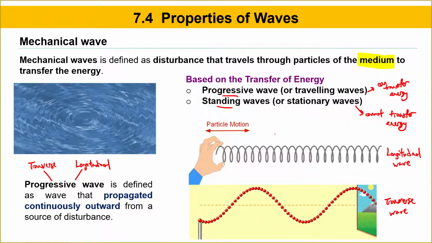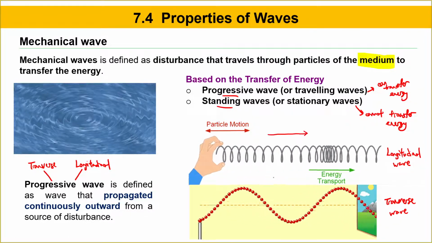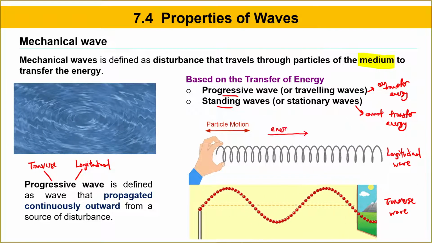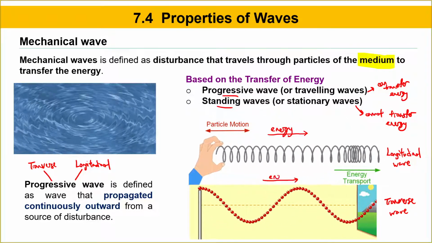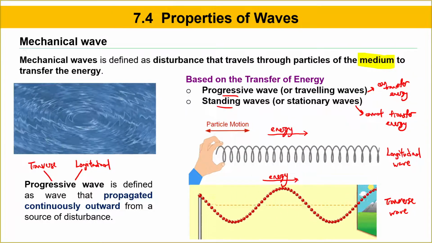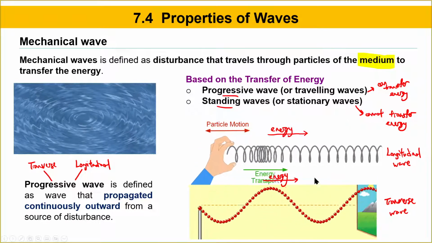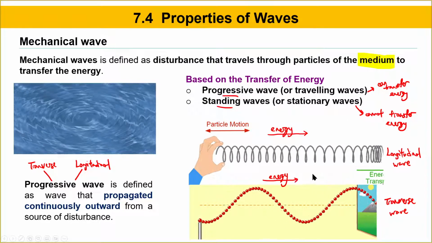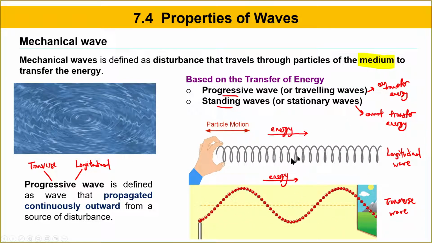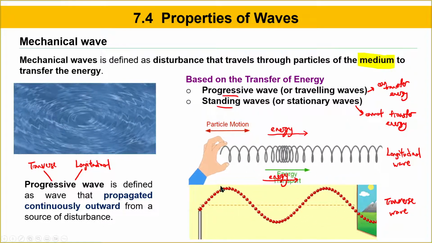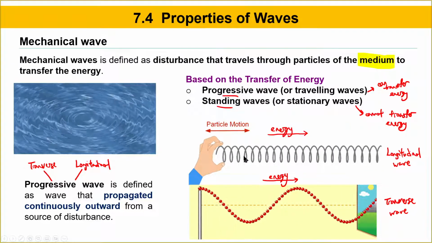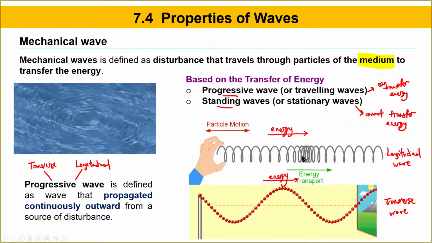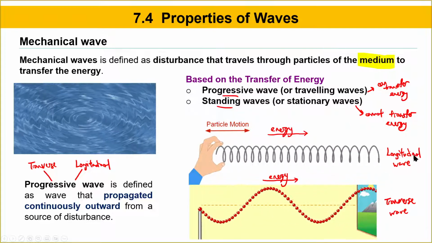Energy transmission is always still horizontal. For both waves, no matter if it's longitudinal or transverse, energy is horizontal, from left to right. However, compare the oscillation of the medium. This spring is a longitudinal wave.